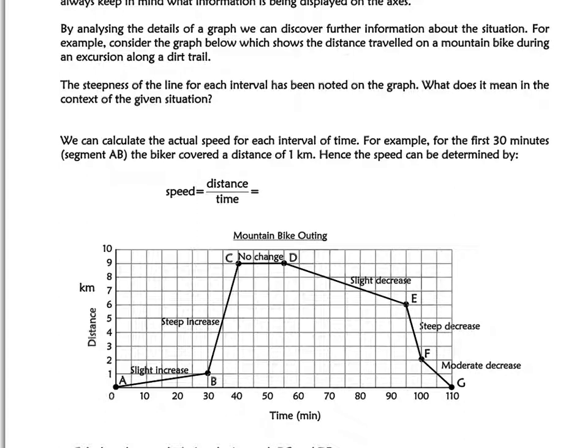For example, in this graph, for segment AB, if you go from point A to point B, you have traveled a distance of 1 kilometer, because point A's distance coordinate is 0 kilometers and point B's distance coordinate is 1 kilometer. The time it took you to get from A to B, looking at the time coordinate, is 0 for A and 30 for B, so that is 30 minutes.